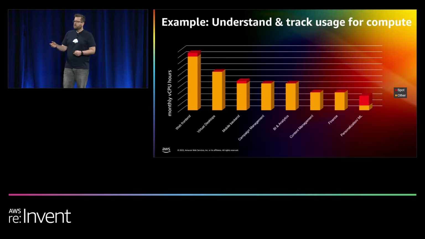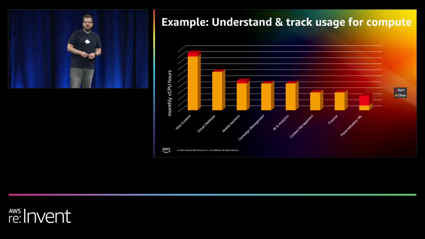These bars could either be dedicated accounts or it could be tags in your tagged resources in your account. And this is a typical chart which customers can use as an indication where they start their optimizations, typically with the big bars on the left, where they can run some reviews.